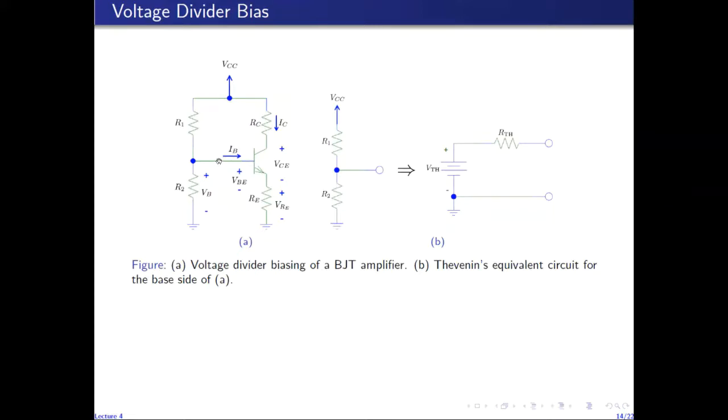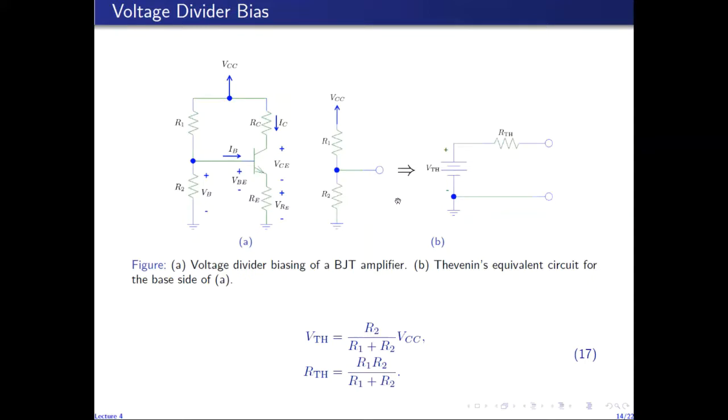So we want to find an equivalent circuit looking into these two terminals, into the base and the reference. So from Thevenin's theorem, we know that V Thevenin is given by the voltage division of VCC. So the open circuit voltage across R2 is given by this fraction of VCC.